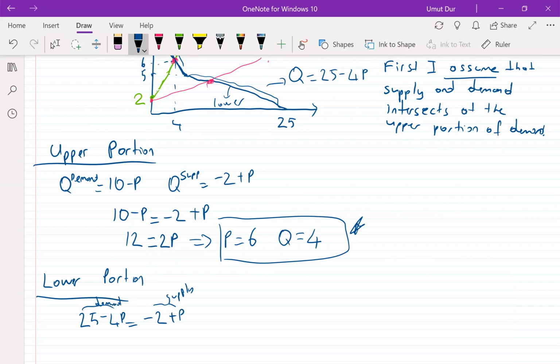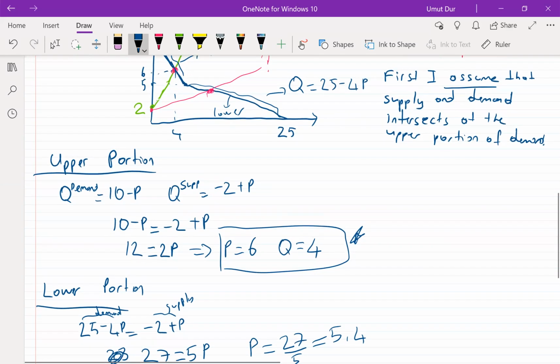If I do the math here, 27 is equal to 5P, and P is equal to 27 over 5, which is 5.4. Now what I am claiming is that if this is the intersection point, then the corresponding price is 5.4.